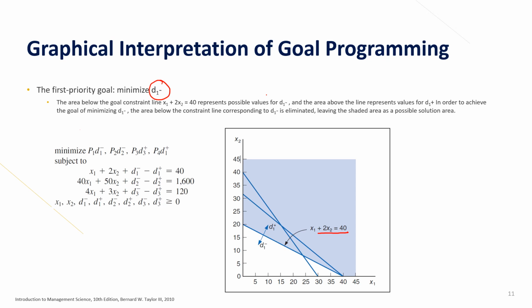If you check the area representing D1 minus and D1 plus, it will look like this. The area below the line will represent D1 minus, and the area above the line will represent D1 plus. In order to achieve the goal of minimizing D1 minus, the area of D1 minus should not be considered anymore, so it should be eliminated.